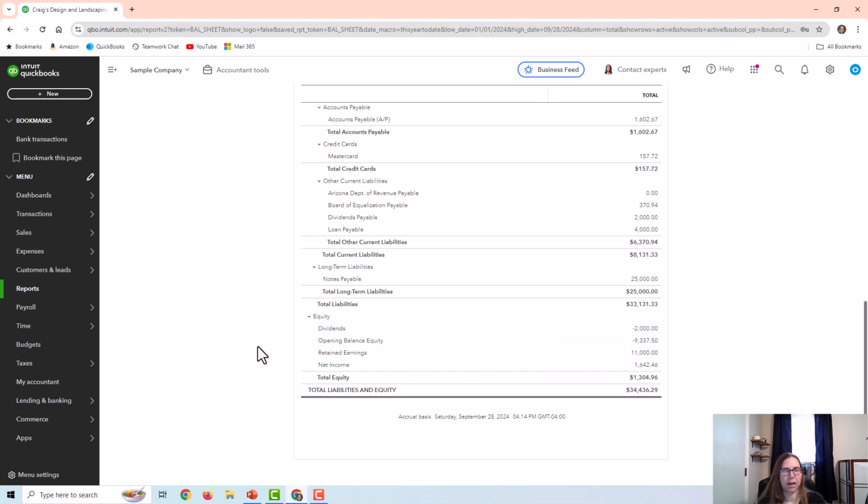Now let's look at how it might look when you actually pay the dividends. Now on the PowerPoint slides, I had one journal entry, which was a debit to dividends payable and a credit to checking or cash. But in real life, if you're paying multiple people dividends, like if you're paying 10 people $200 each, then you're probably in practice going to have individual entries or individual checks for each person that you're paying dividends to.